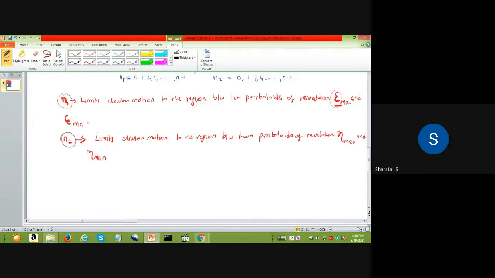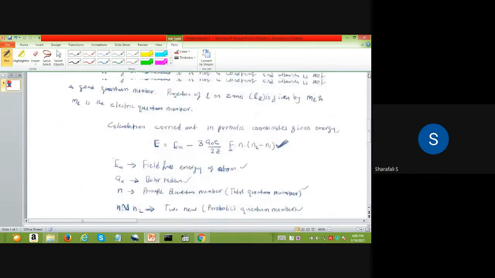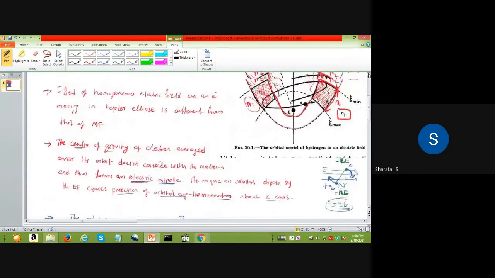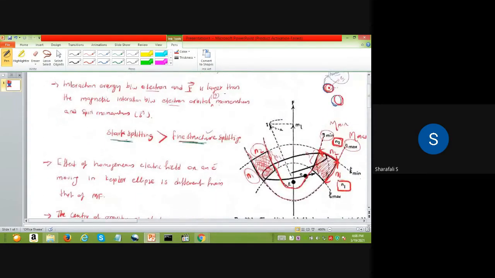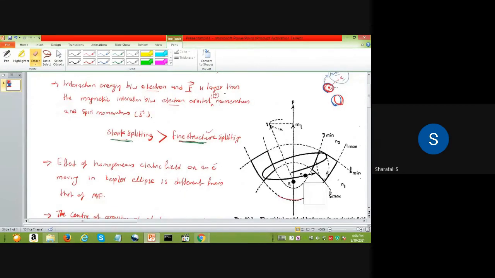Basically, there are three different motions for this particular electron, as just explained here. I'm just erasing these things. The electron can have three different motions.